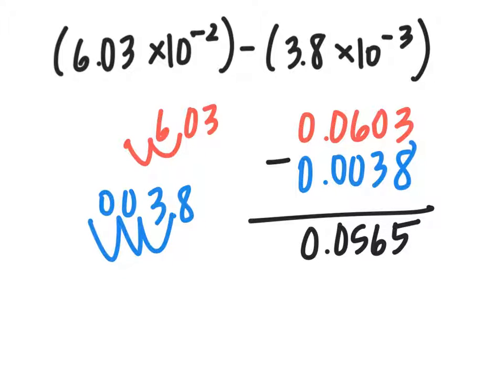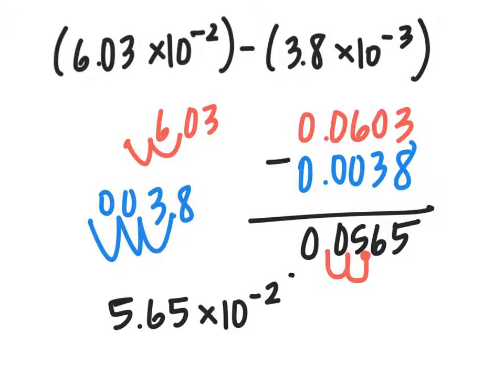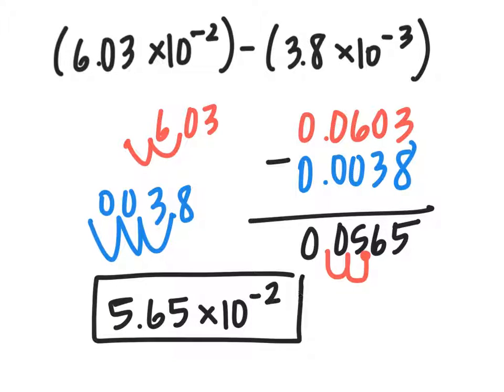And then we're rewriting that so it's in scientific notation. I want the decimal between the 5 and the 6. I need to move that decimal twice to get that number. So my final answer in scientific notation is 5.65 times 10 to the negative second, as we move the decimal twice and we do have a small number.